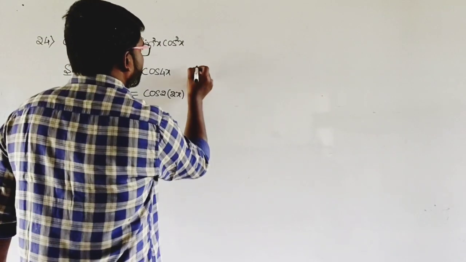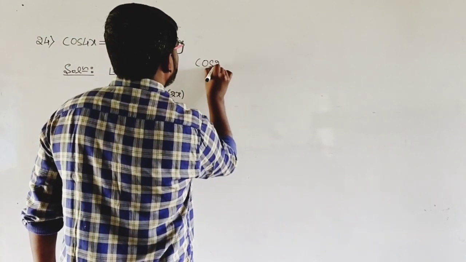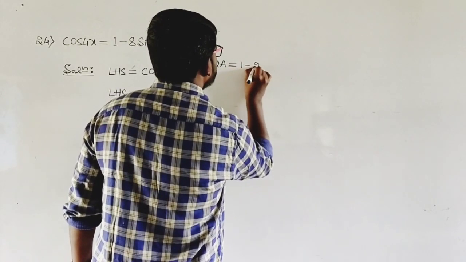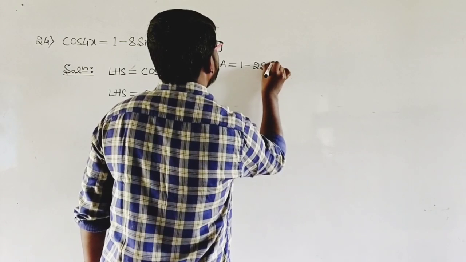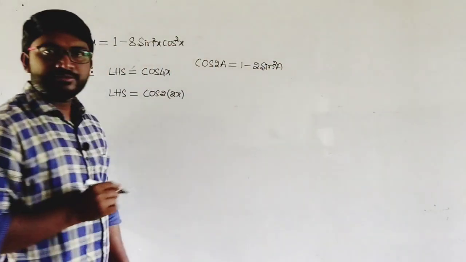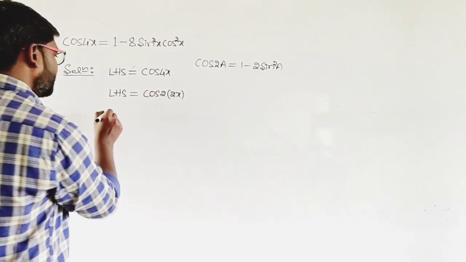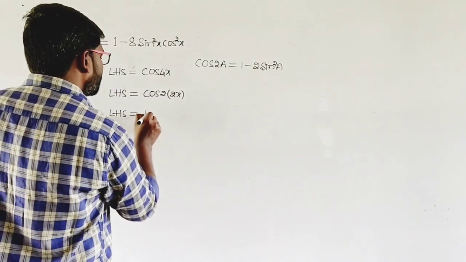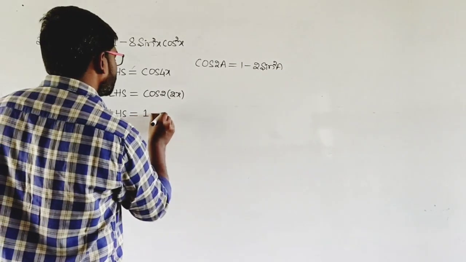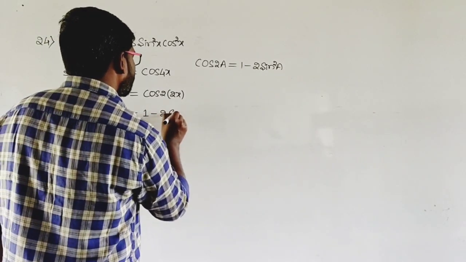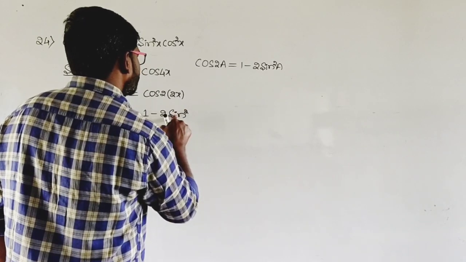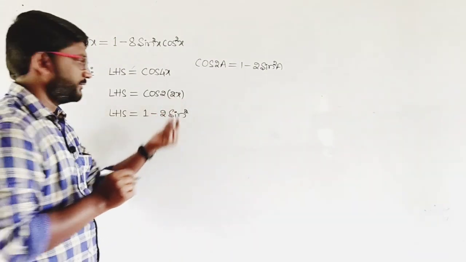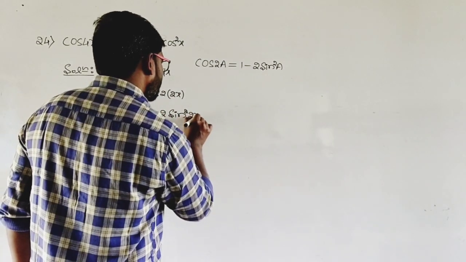What is the formula of cos 2a? Cos 2a equals 1 minus 2 sin square a. Let us apply the formula here. LHS equals 1 minus 2 sin square a, where a means 2x.